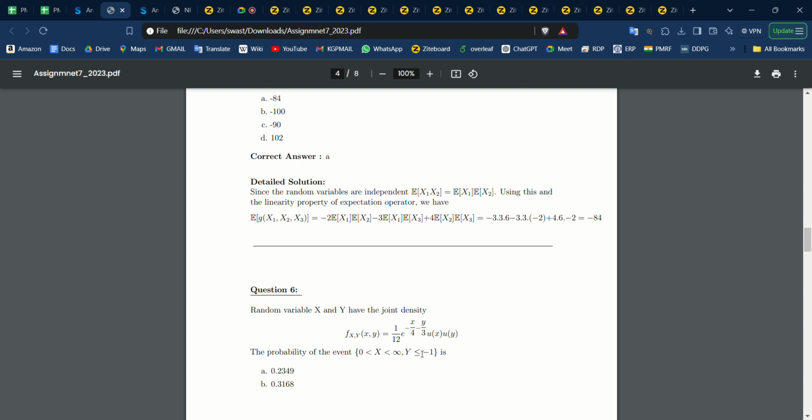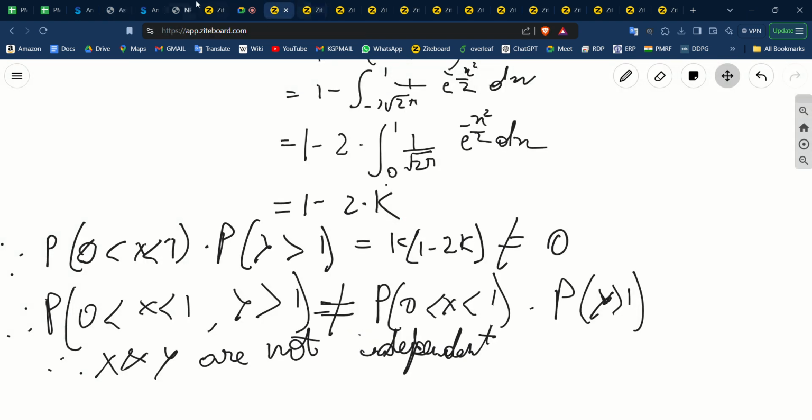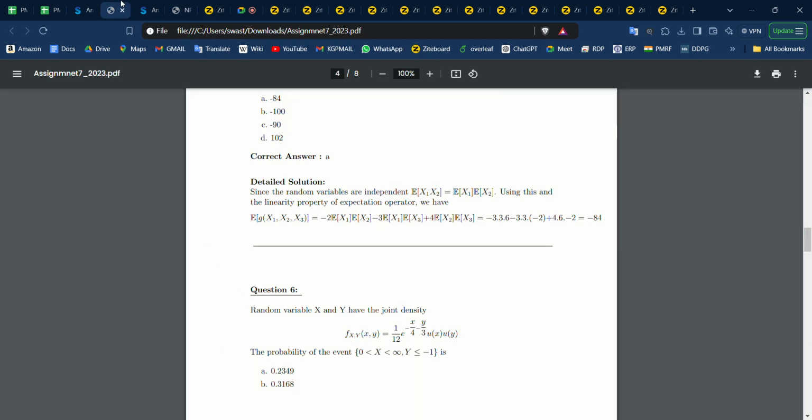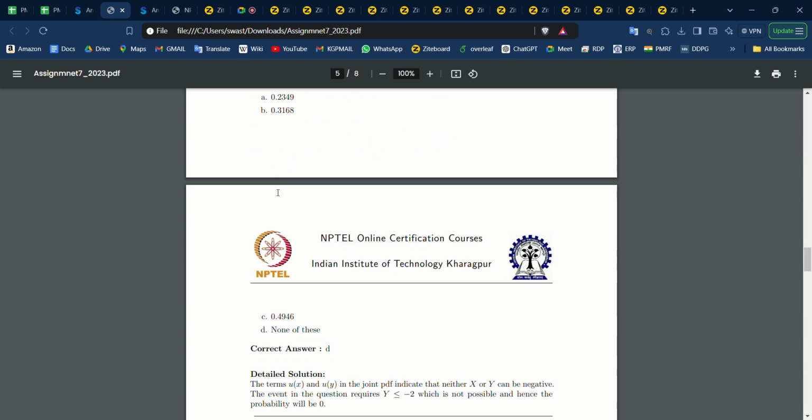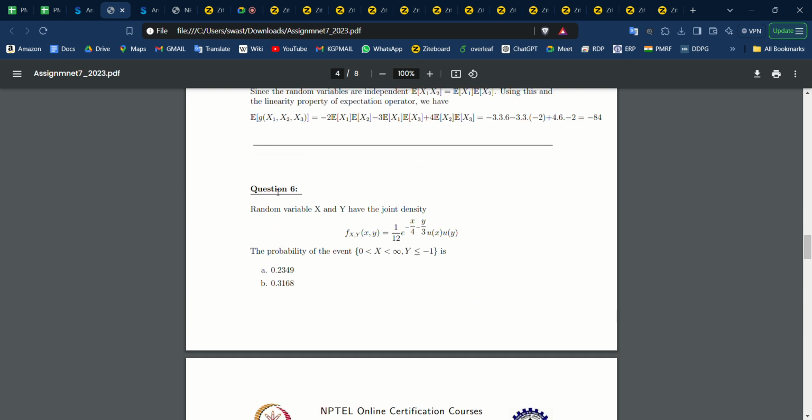So what is the probability of x being a positive real number and y being less than -1? The answer should be very easy to get.